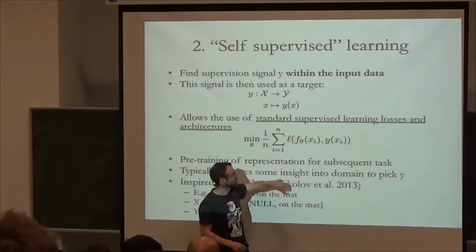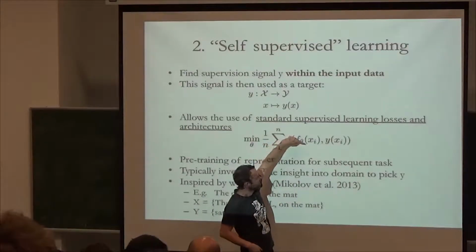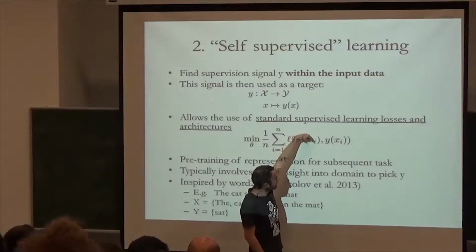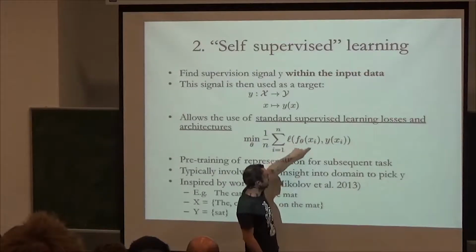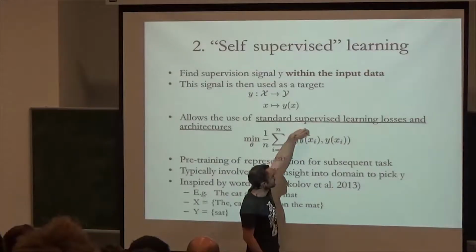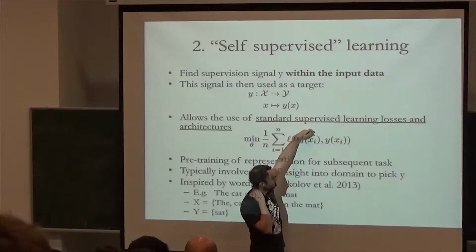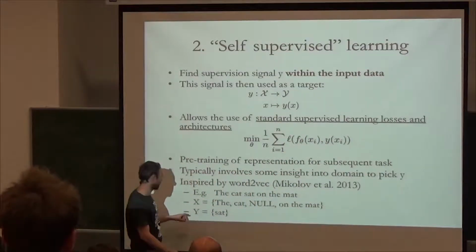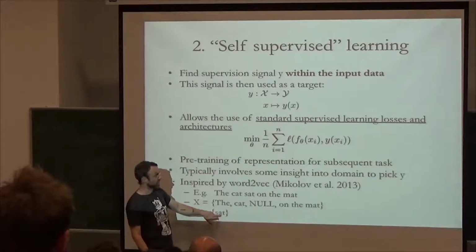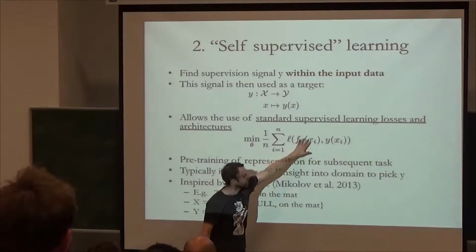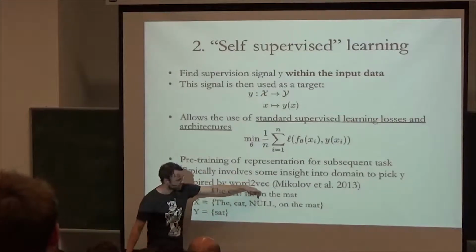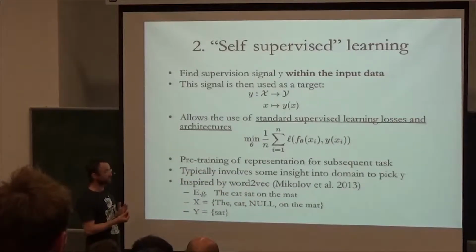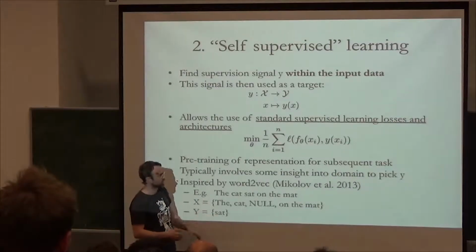Just to be clear what I'm writing here, the idea is that you have some example xi, you pass that through the neural net, and it gives you some approximation to your label Y that you've extracted from just the input example itself. So this Y of xi would be like the word sat, and this piece here would be a prediction as to what the center word would be, a distribution over the vocabulary. Hopefully you assign high probability to the word sat.